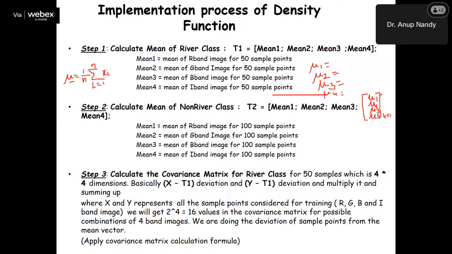Clear? So mu1 is your red band, mu2 is green band, mu3 is blue band, and mu4 is infrared band.